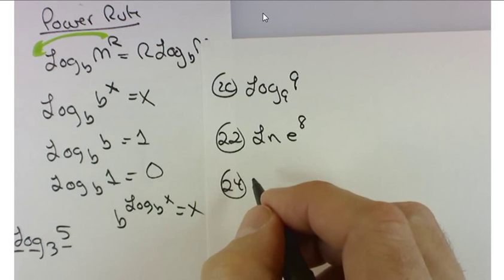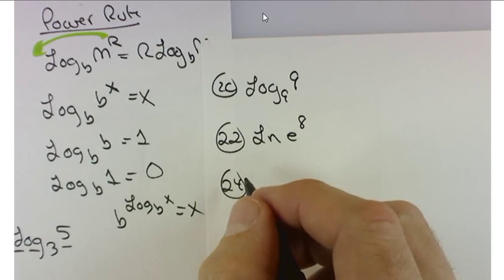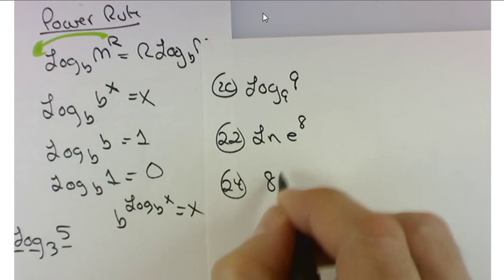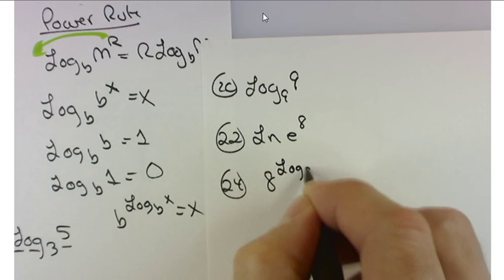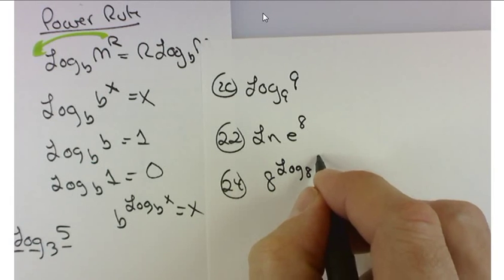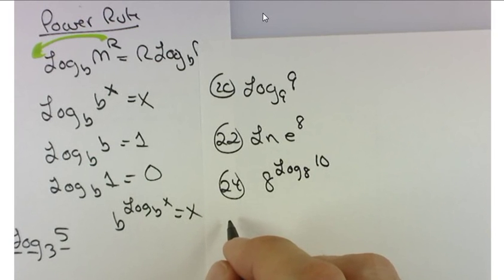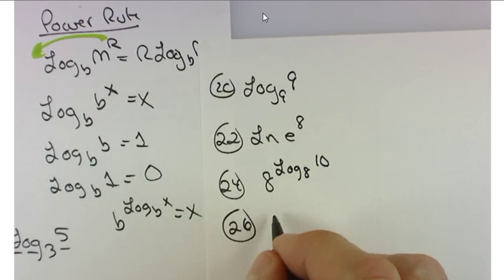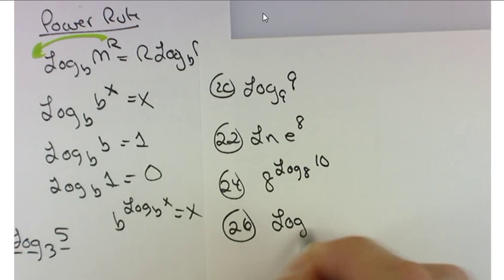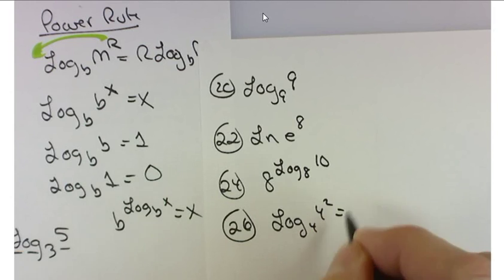Problem 24 is 8 to the log base 8 of 10. Problem 26, kind of the opposite with the same effect. Log base 4 of 4 squared.